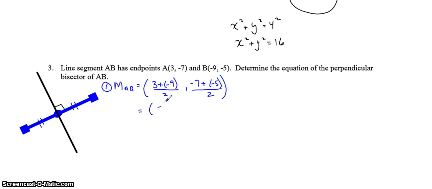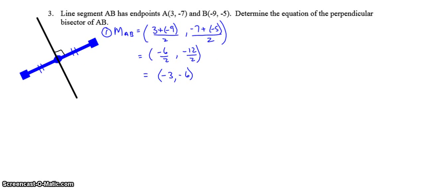So that becomes -6/2, -12/2, which is -3, -6. So that's the midpoint. So that's that point right there, -3, -6.